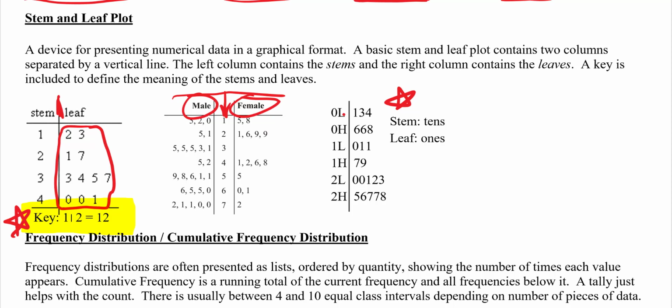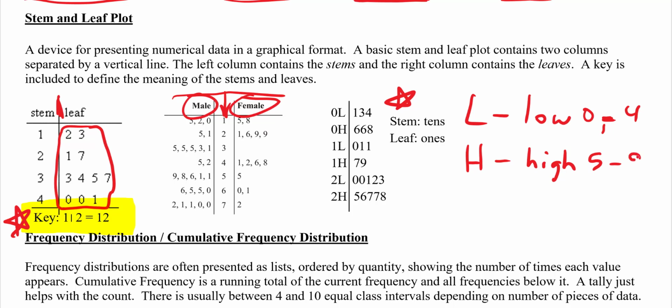But this is, people see the L and the H. L just means low numbers, and H means high numbers. If you notice, the low numbers are, it says 1, 3, 4. So low numbers are 0 to 4, and high numbers are 5 through 9.